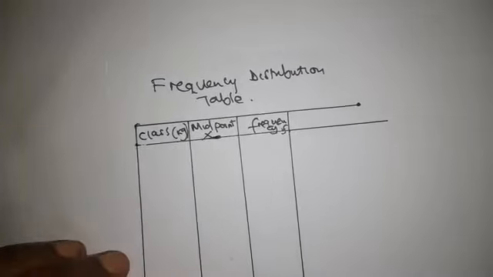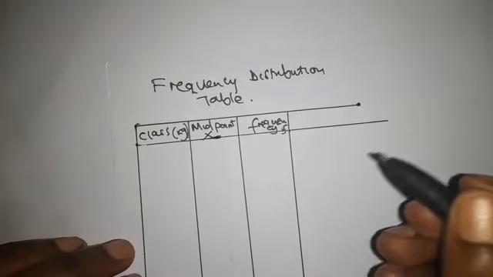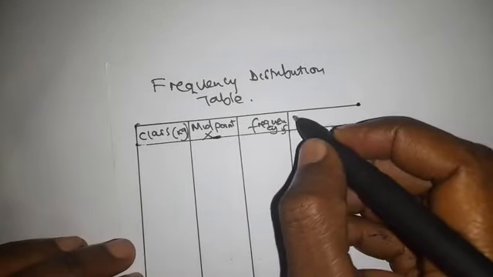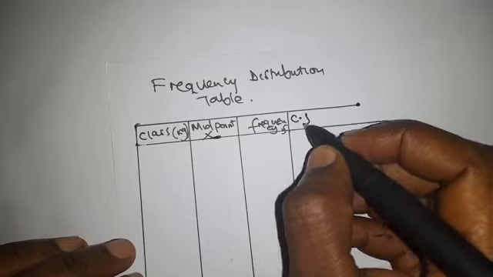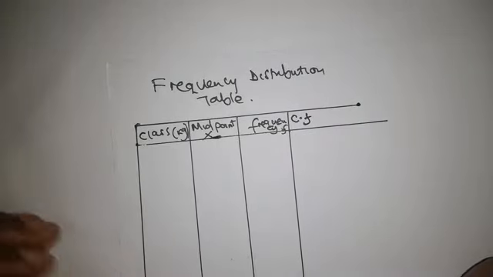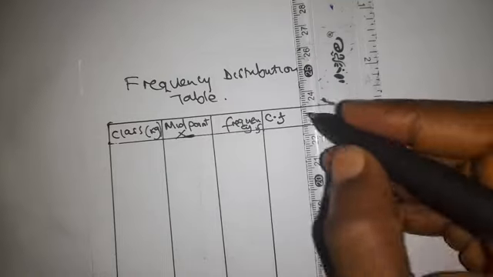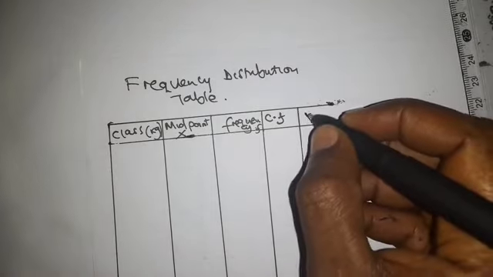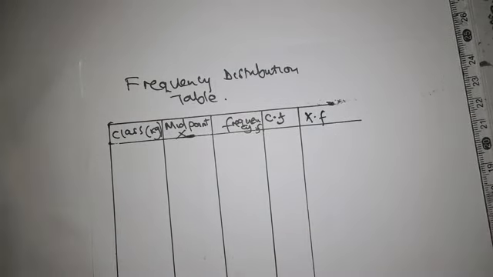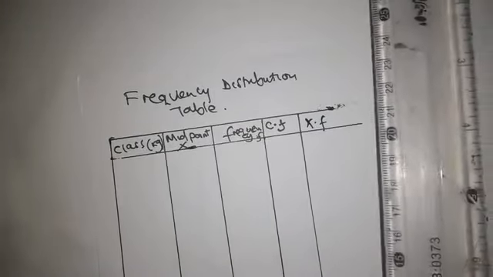Then we shall have what we refer to as the cumulative frequency. Last but not least, of course, is what we refer to as xf, the product of the midpoint and the frequency.